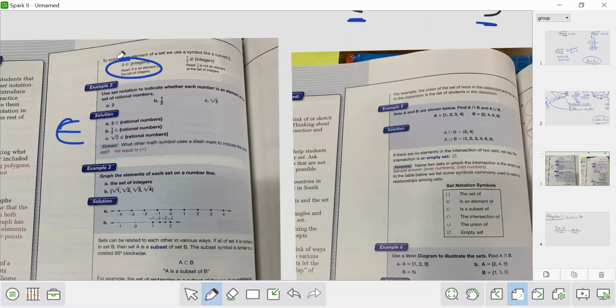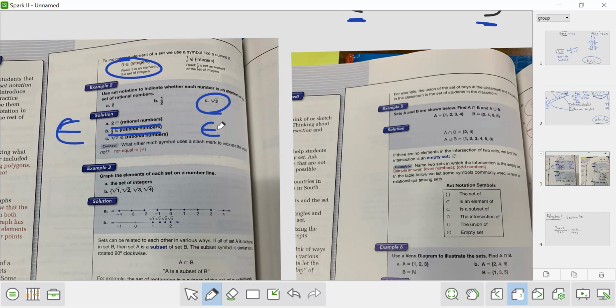Notice this here, it says 2 is a part of the set of rational numbers. That's right. 1/2 is a part of the set of rational numbers. That one's right. But this one right here, it's not a rational number. So you use this symbol to say it is not a set of that. It's kind of different than not equal to. It's just not in the set.